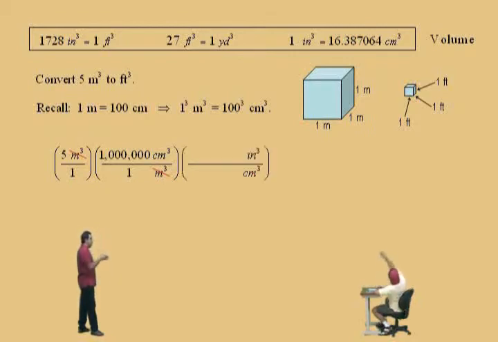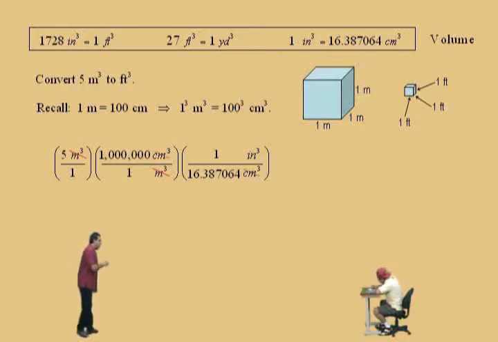So notice we're going to put the centimeters cubed on the bottom, inches cubed on top. 1 inch cubed is equal to 16.387064 centimeters cubed. There we go. Centimeters cubed cancel out, leaving us with just the inches cubed, which is what we wanted to get to.